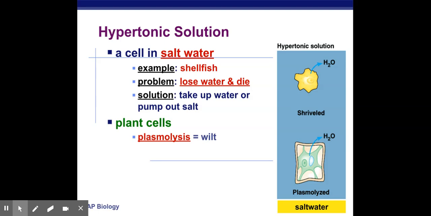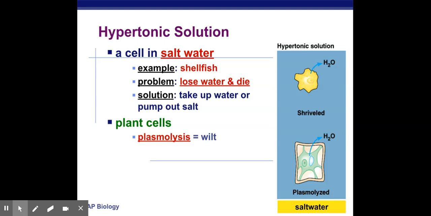But notice how the cell wall did not change. That's something that's different between animal and plant cells. The cell wall plays a factor in this, and the cell wall itself will not collapse. Just the membrane, which is on the inside, will shrivel up.